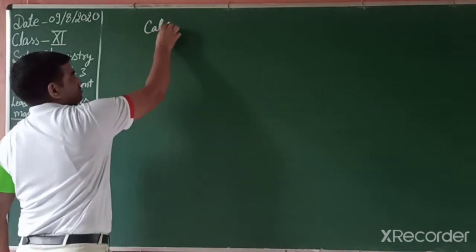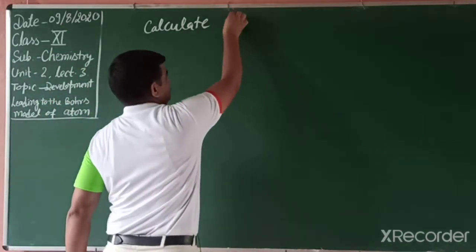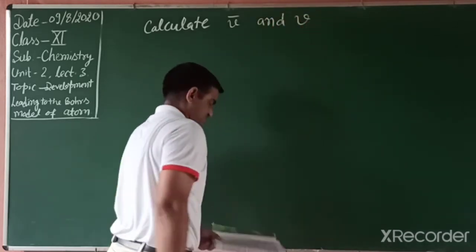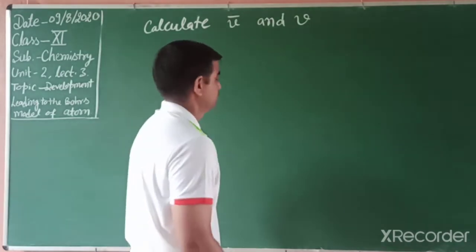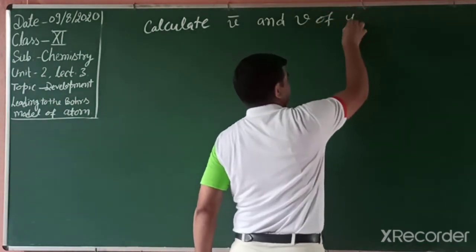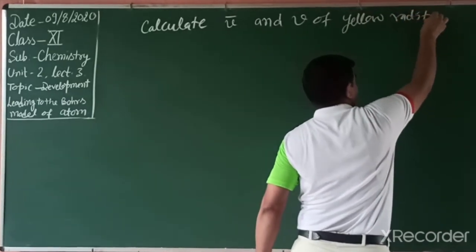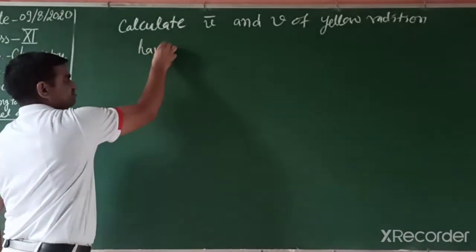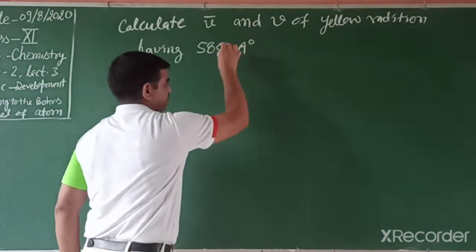Calculate the wave number and frequency of yellow radiation having 5800 angstrom wavelength.